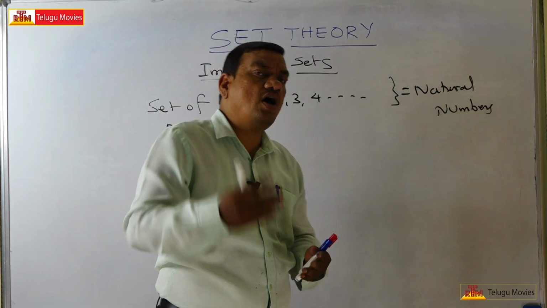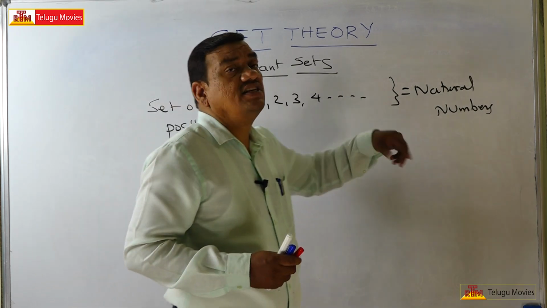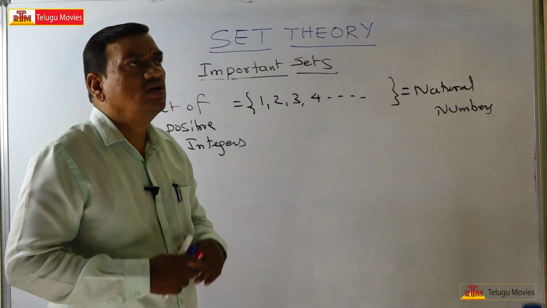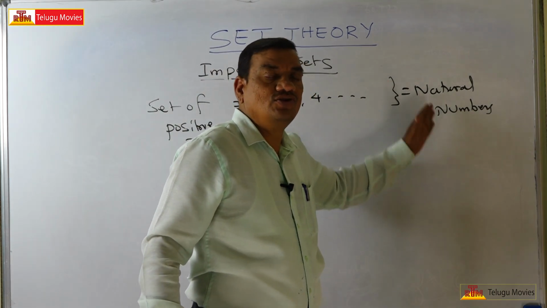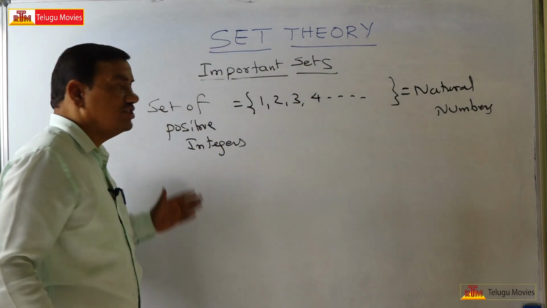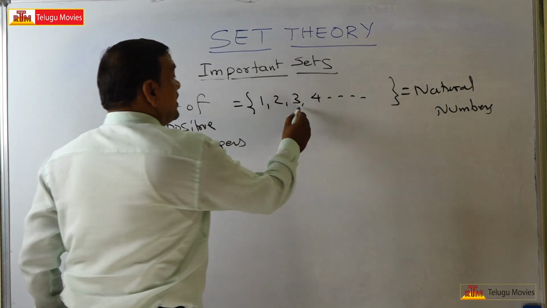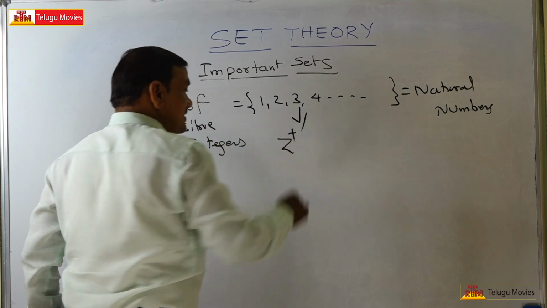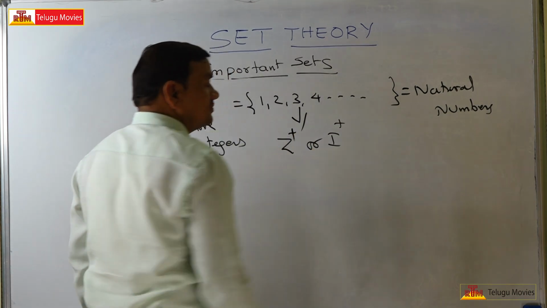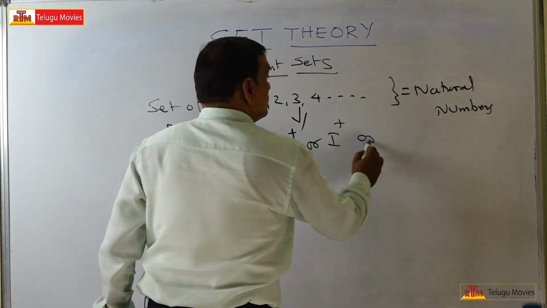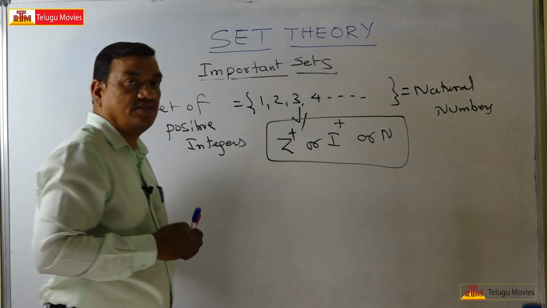In higher classes you will see x is a positive integer, so don't worry: natural numbers and positive integers are both the same. This set is denoted with Z plus or I plus or N. These three notations are the same.